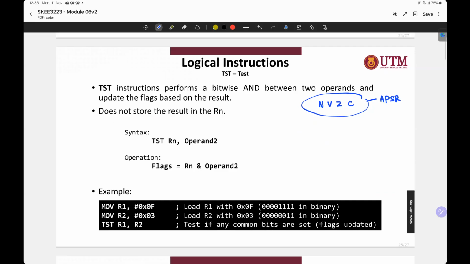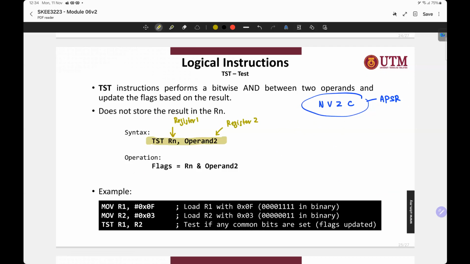This is the syntax: TST Rn, operand 2. Rn is your first register. And this is your second operand, or sometimes you can use an immediate value.